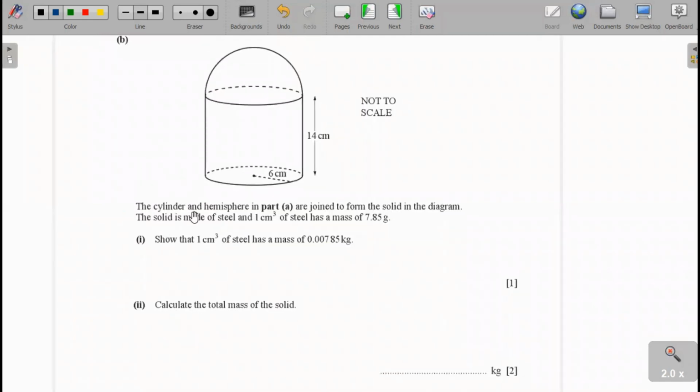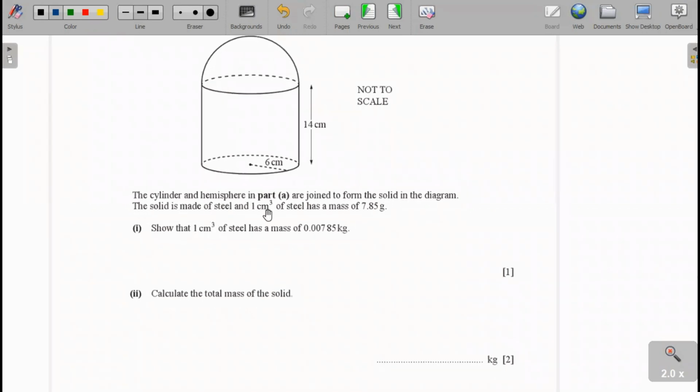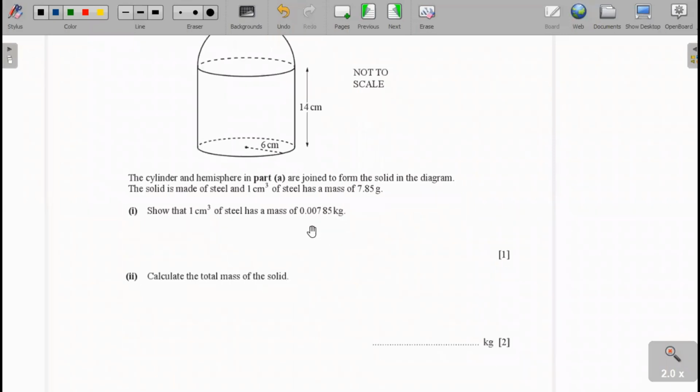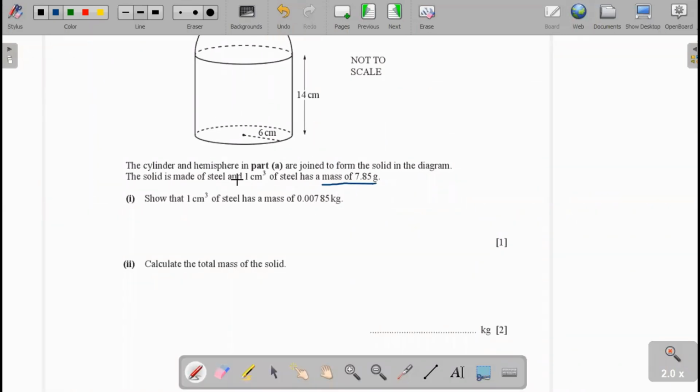In part B, the cylinder and hemisphere in part A are joined to form the solid in the diagram. The solid is made of steel and 1 cubic centimeter of steel has mass 7.85 grams. Show that 1 cubic centimeter of steel has a mass of 0.00785 kg. You see here the 1 cubic centimeter has a mass of 7.85 grams.